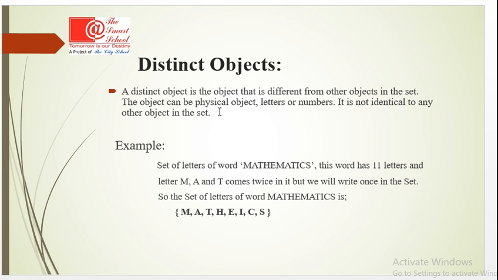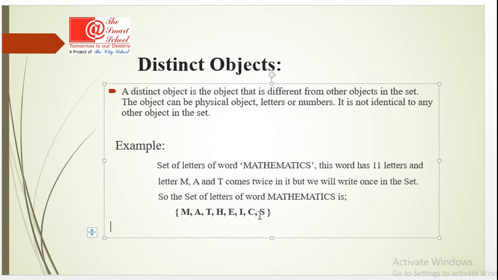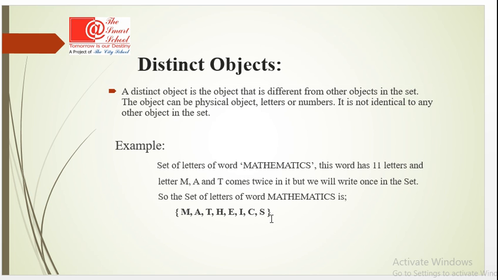I will explain this with the help of an example. Take the set of letters of the word mathematics. The letters are M, A, T, H, E, M, A, T, I, C, S. You have noticed that some letters are repeating in this spelling of mathematics. But we will write it as M, A, T, H, E, I, C, S. So there is nothing repeating in this set.